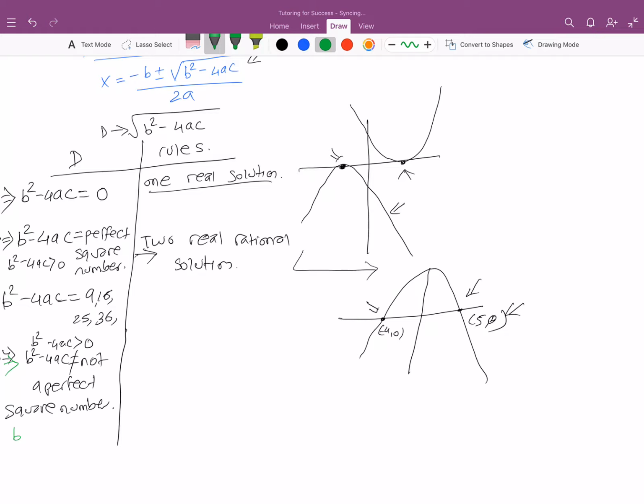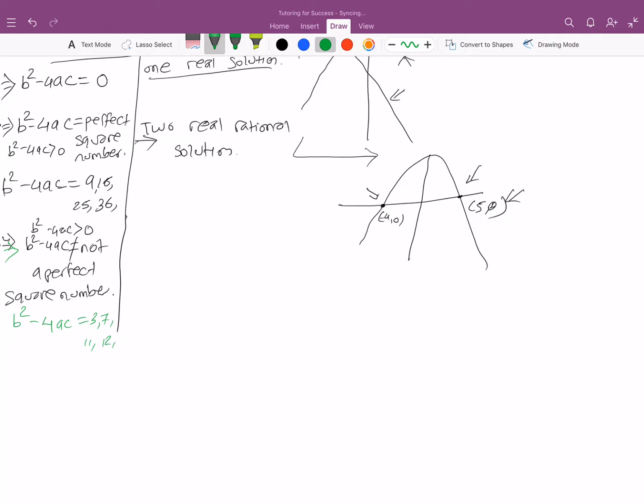So as an example, let's say it's equal to 3, 7, 11, 12. It's all positive numbers, but obviously not perfect square numbers.